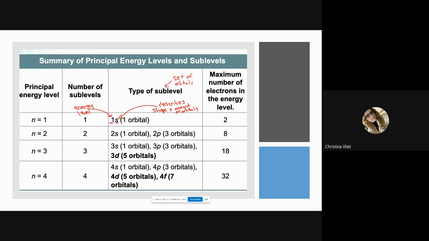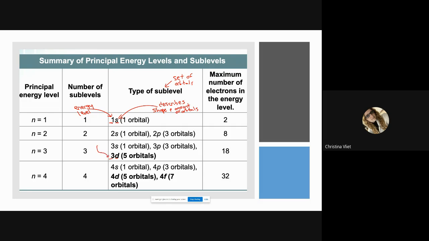So if I see 1s, what's being communicated to me is energy level 1, so closest to the nucleus, and shape is S. The electrons are found in that area. Kind of make sense? So then let's just look at a different one. What does 3D mean? If I saw 3D, what does that mean?